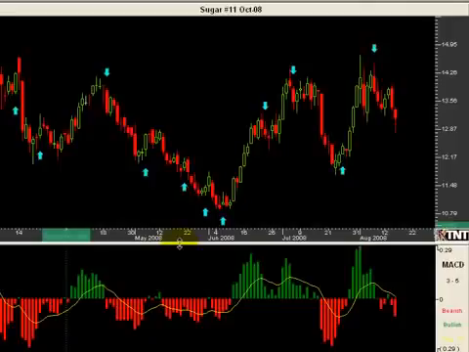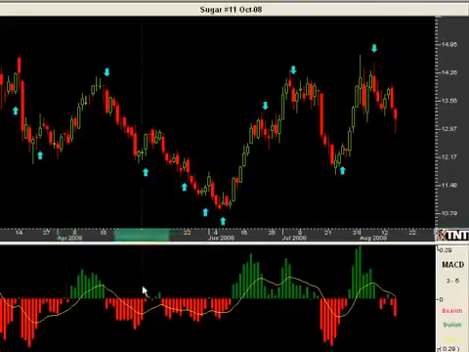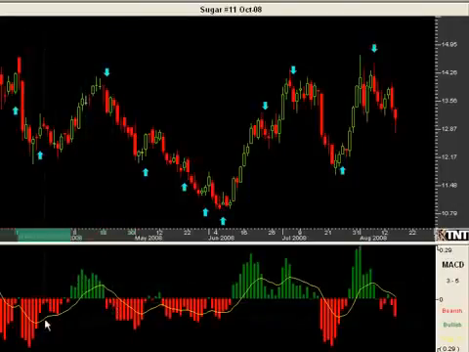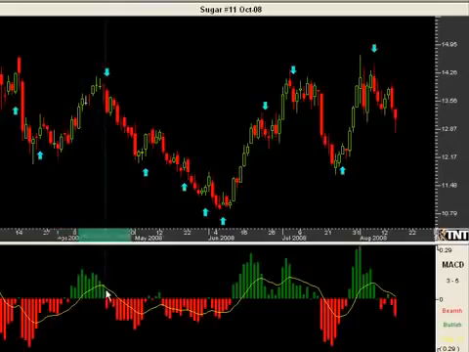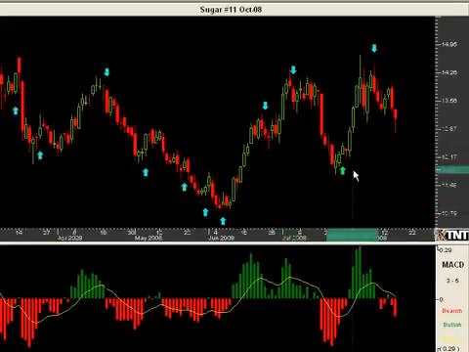These settings are 3, 5, with a trigger period of 13. So now we're looking at a 3-period moving average against a 5-period moving average and a 13-period trigger line. This gives us many more signals, and they're also faster.